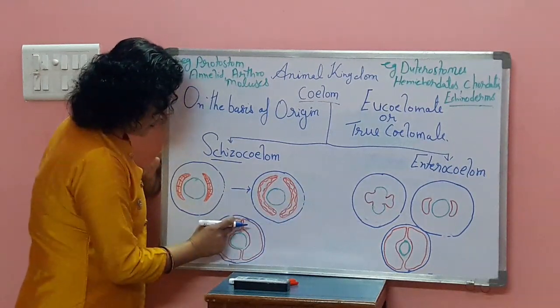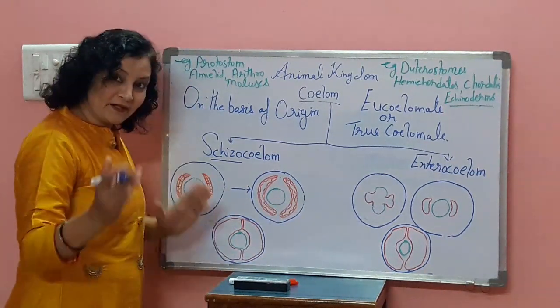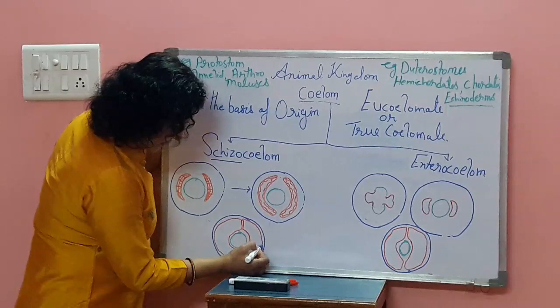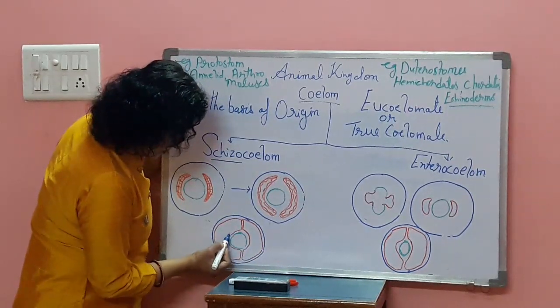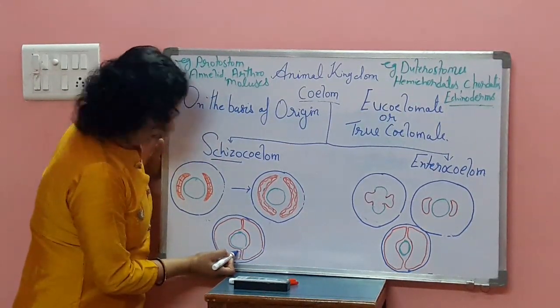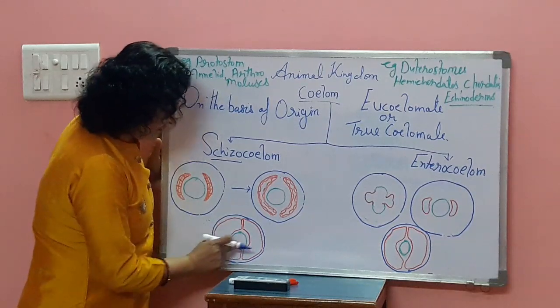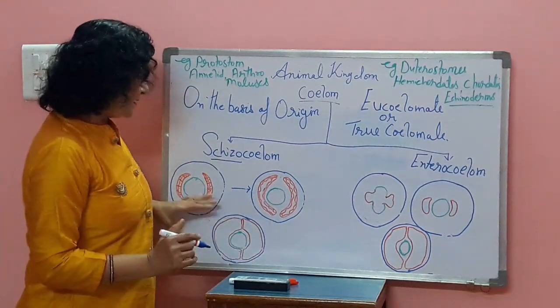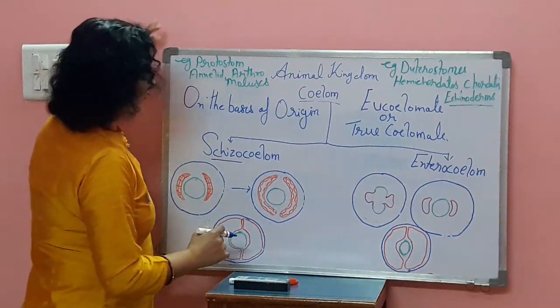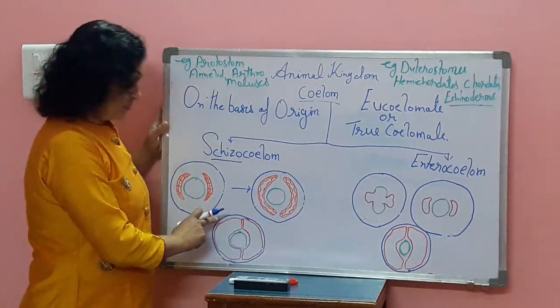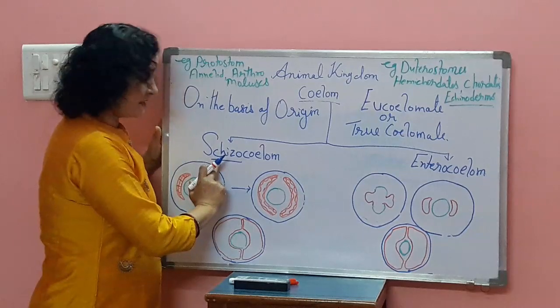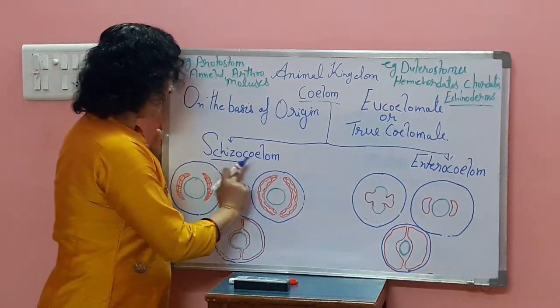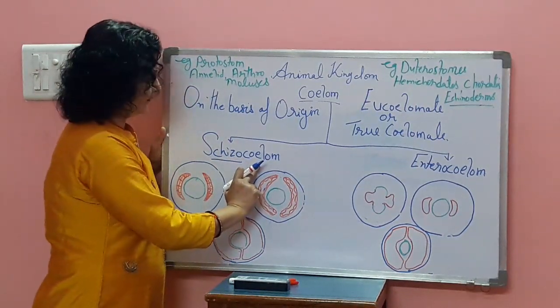These two layers form the lining of the cavity, the outermost lining and the innermost lining of the cavity. The coelom is formed through the process of splitting of the mesoderm. Here the cavity is formed from mesoderm through splitting. So these coelomate animals are called schizocoelomate.